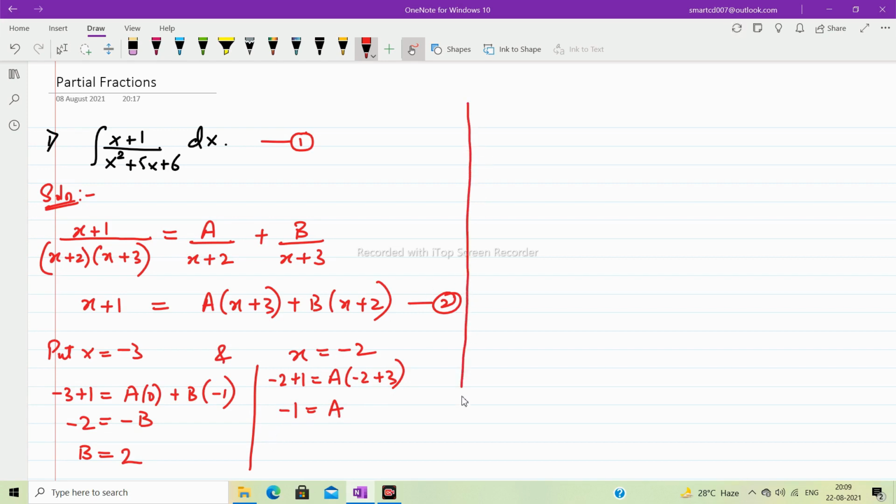Once that is done, instead of integrating this, I will integrate this part. So I'll get the integration of a upon x plus 2, where a is minus 1, plus b upon x plus 3, where b is 2, dx. So this is the integration which I have to do.